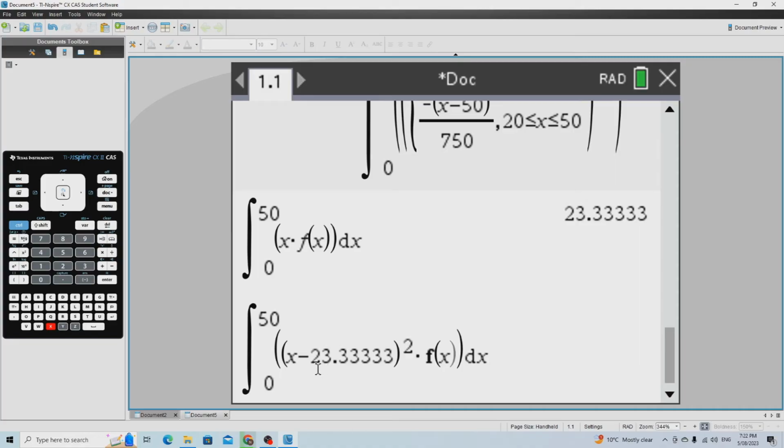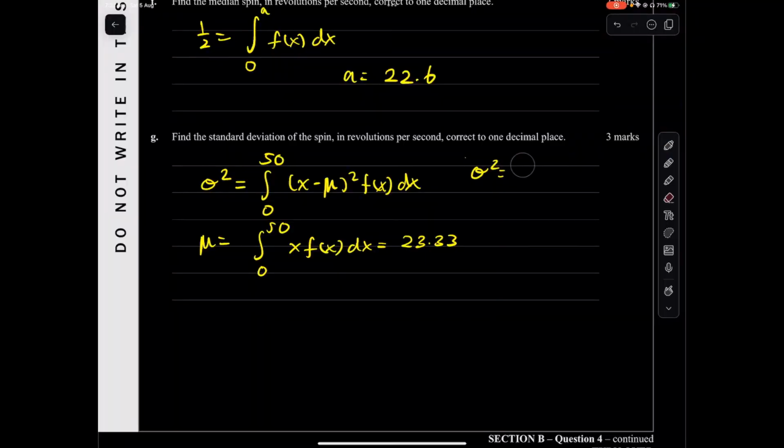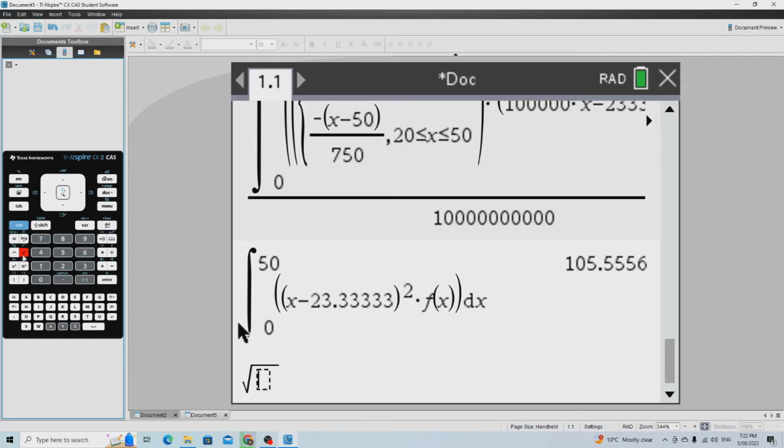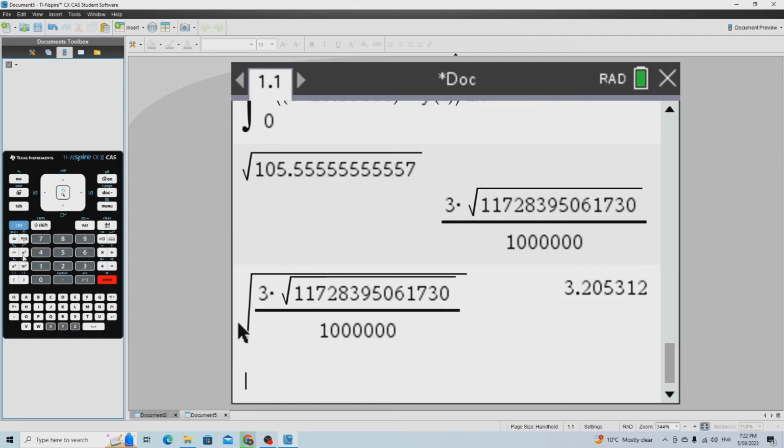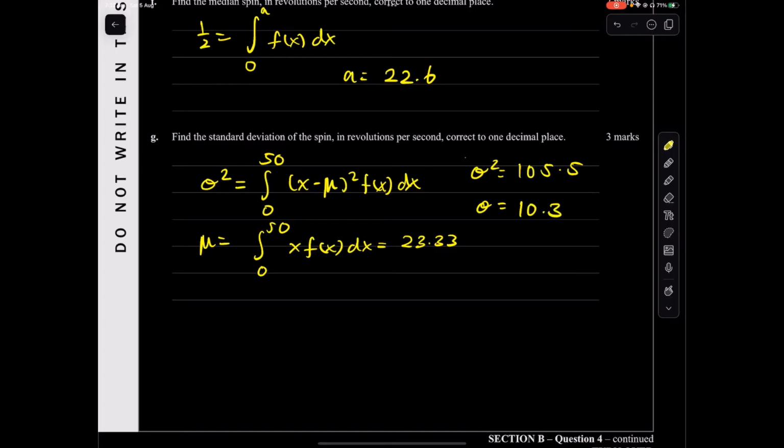Okay, perfect. And that gives us 105 point something. But we want the standard deviation, so the standard deviation is the square root of that. Square root of the answer is 10.3. That's your answer.